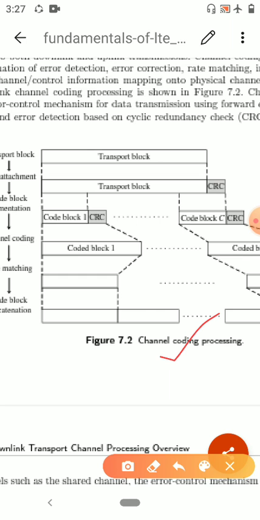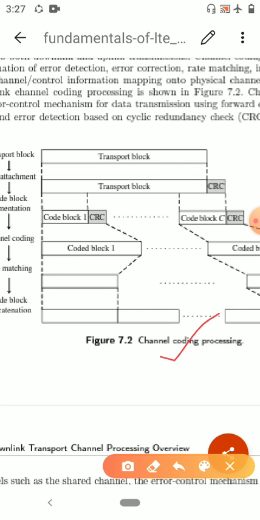For some transport channels such as the shared channel, the error control mechanism is coupled with the retransmission mechanism using the hybrid ARQ protocol. This combined error control and retransmission mechanism improves the link reliability significantly in fading channels.